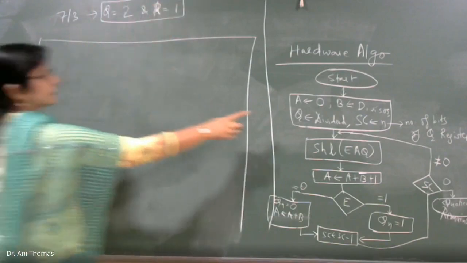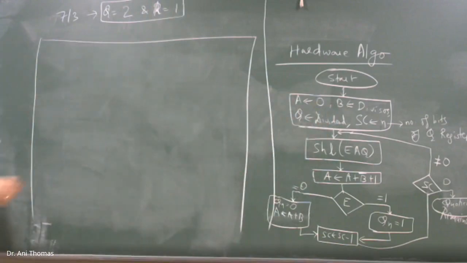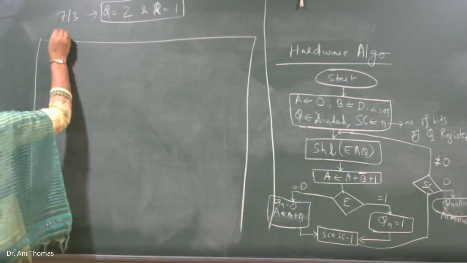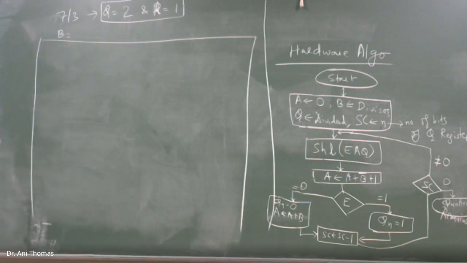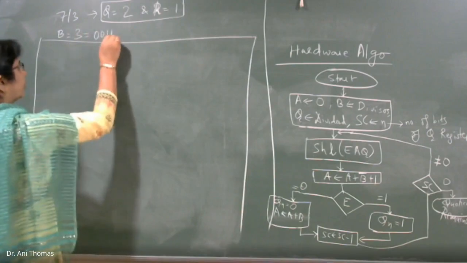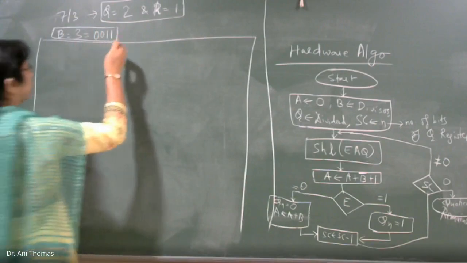B is the divisor, so B will be 3, that is 0, 0, 1, 1.